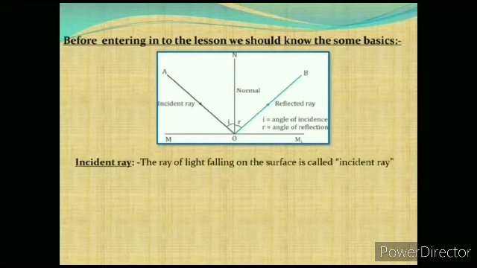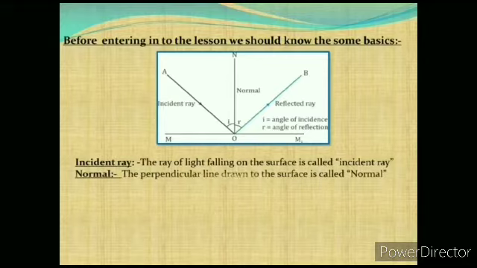Now we will see the definition of incident ray. The ray of light falling on the surface is called incident ray. Now what is normal? The perpendicular line drawn to the surface is called normal.